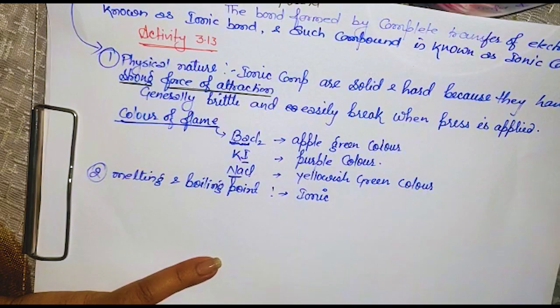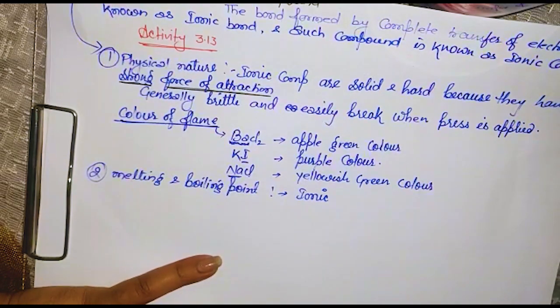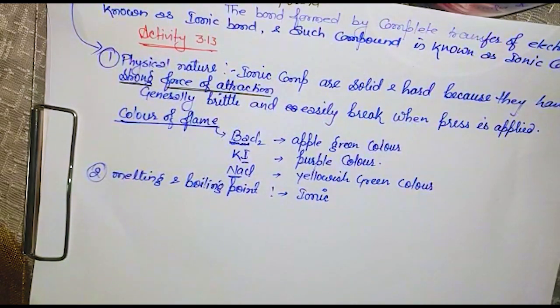Got it? Is it clear? If we are taking dry salt, it will be in solid form, so it will have a melting point, not a boiling point. But if we dissolve this salt in water and then heat, at that time we will say boiling point, because boiling point is liquid to gas, you know the definition.